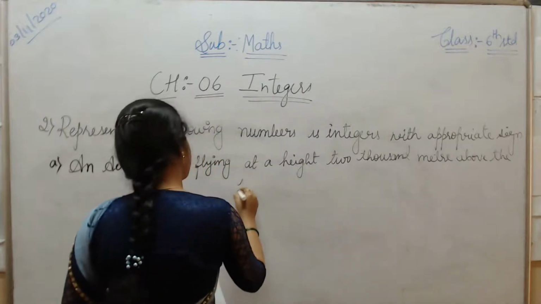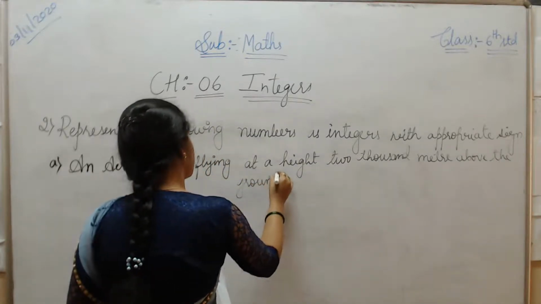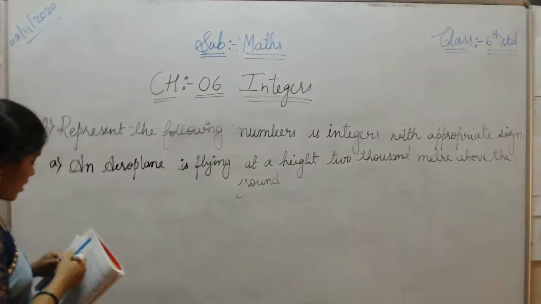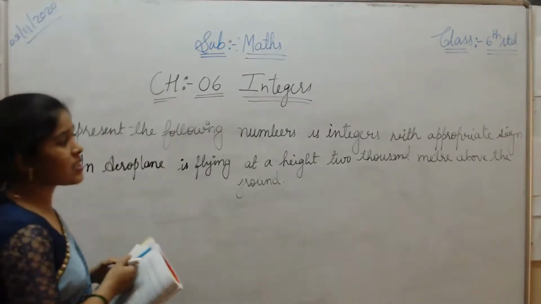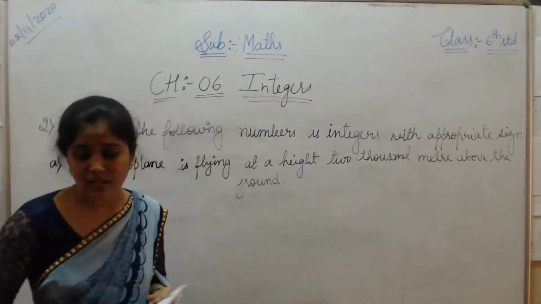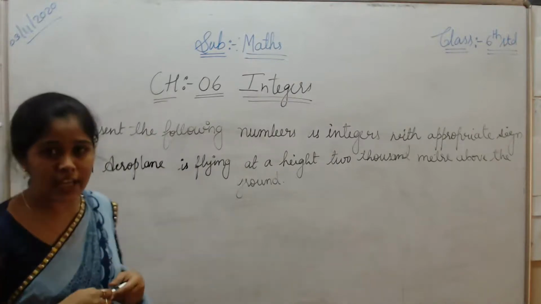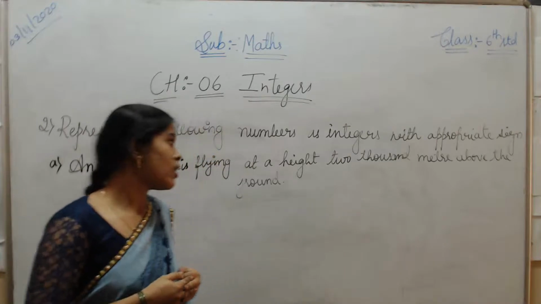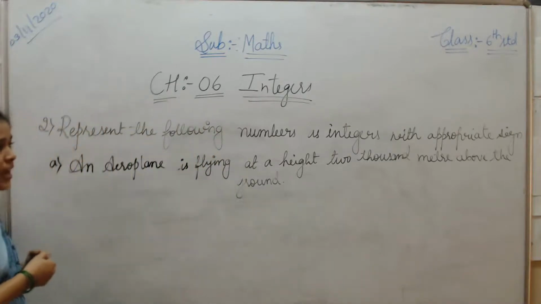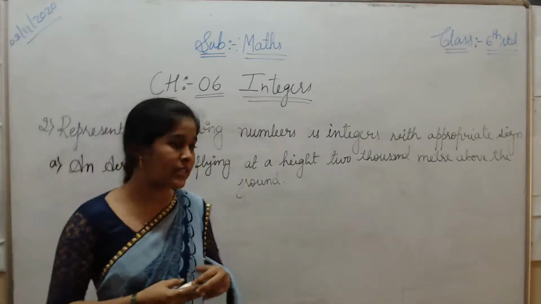See here, we have to write numbers as integers. What is an integer? Yes, the positive and negative numbers, with 0, are integers. So we have to write integers with the number. This is a statement.